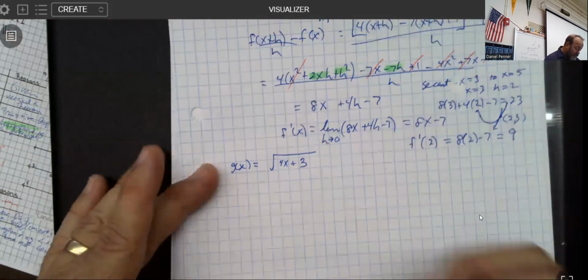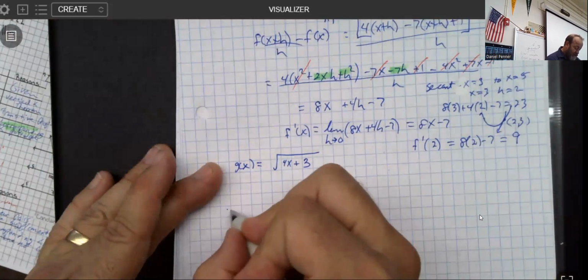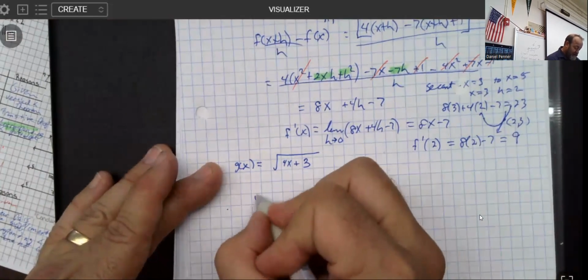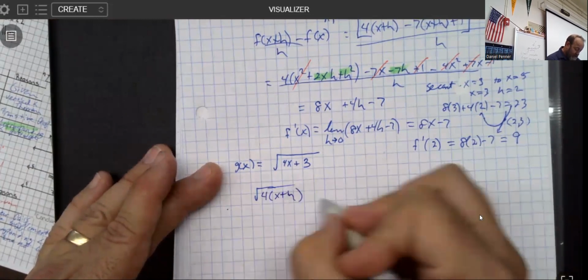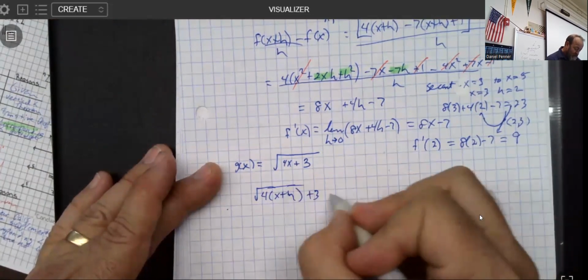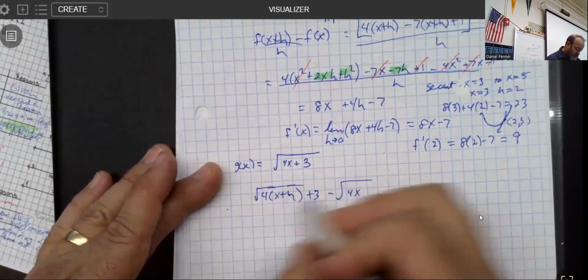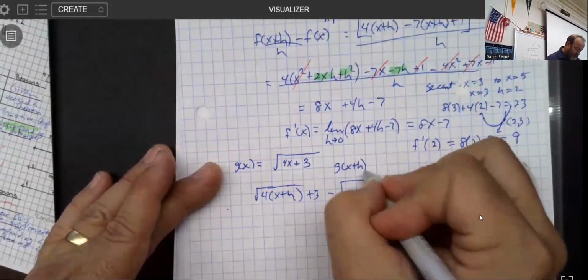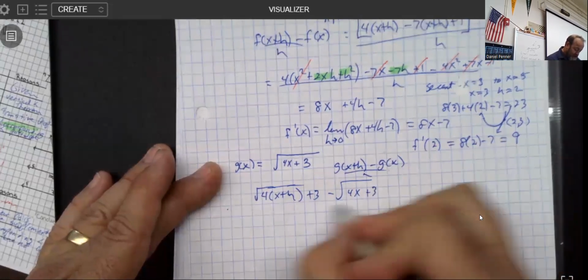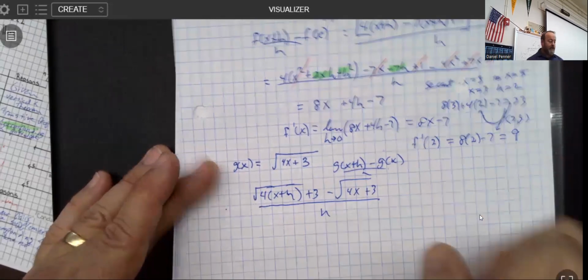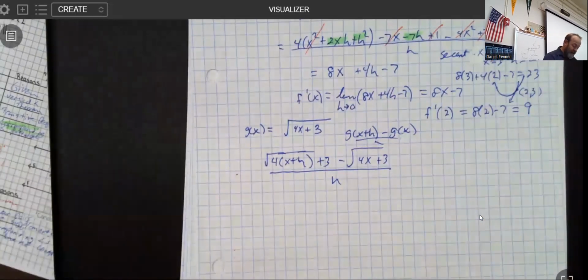So moving to this next one, if we wanted to find f of x plus h, we're going to replace x by x plus h. So remember, this was g of x plus h minus g of x all over h. And I understand that when we look at this problem, it looks like it's going to be absolutely horrifying.